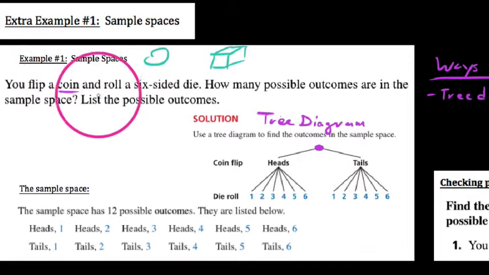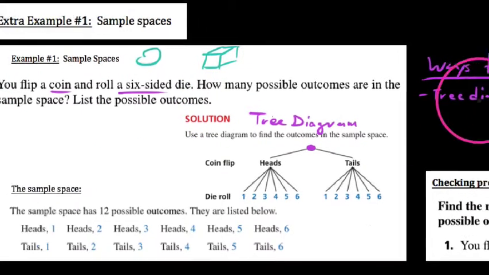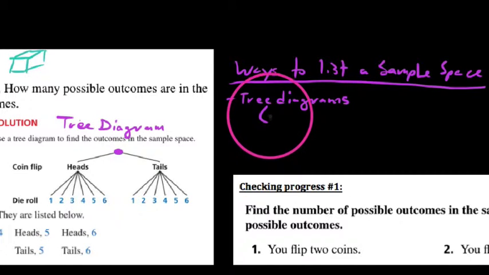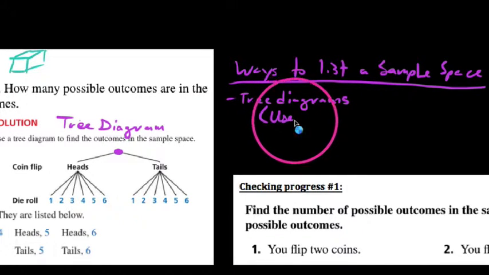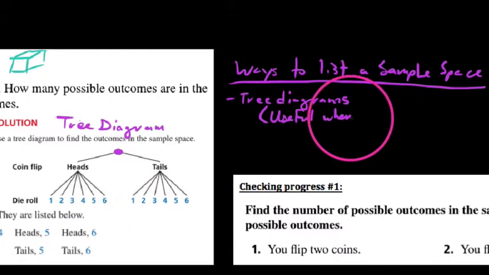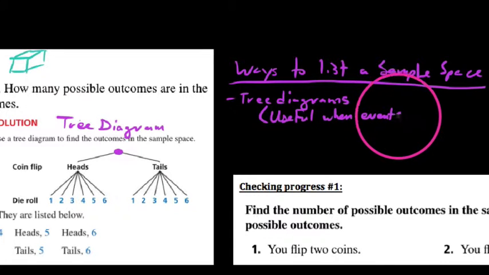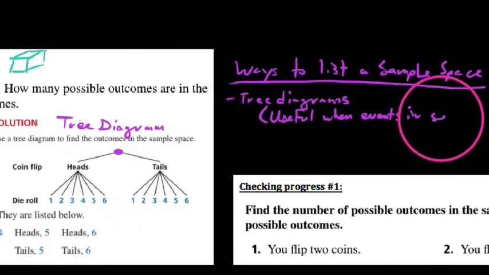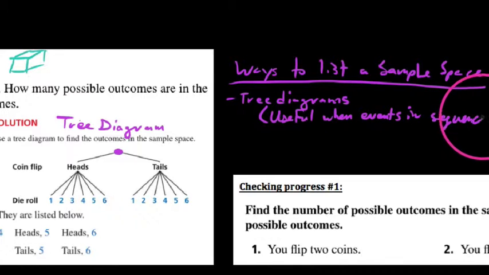Flipping a coin and then rolling a six-sided die is when I might want to use a tree diagram, because we're talking about a sequence of events. Okay, I don't mean a mathematical sequence, I just mean a sequence. So a tree diagram is one way to do it.